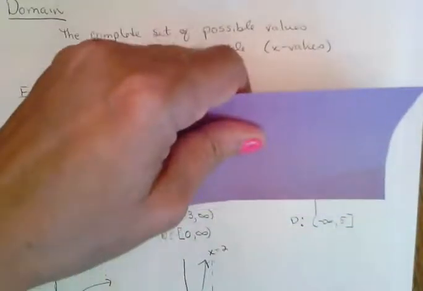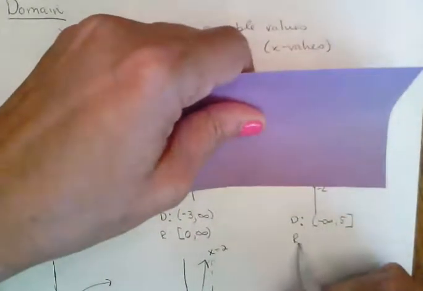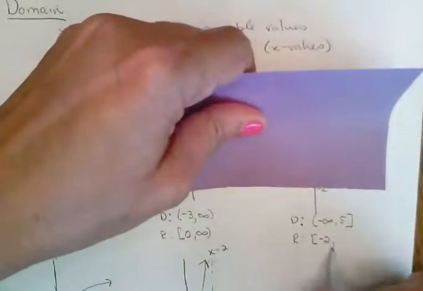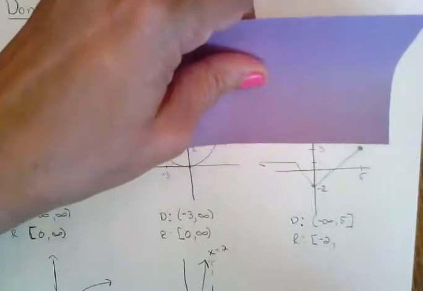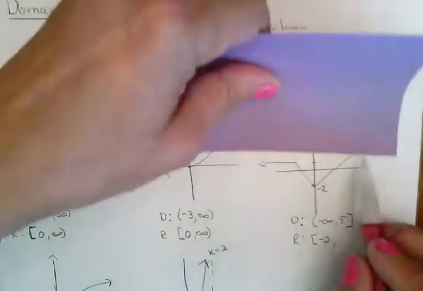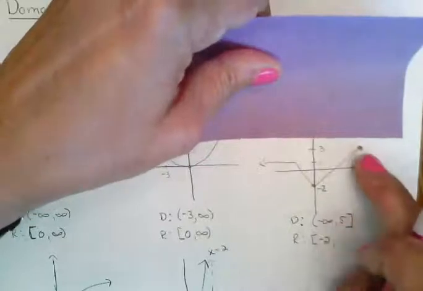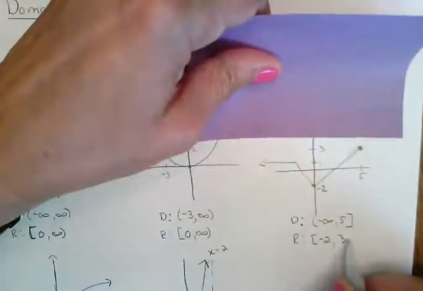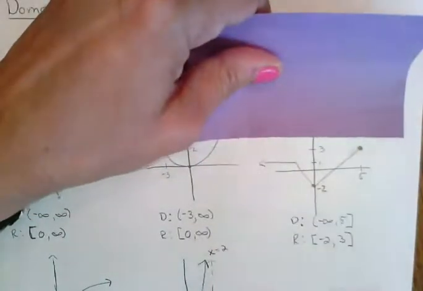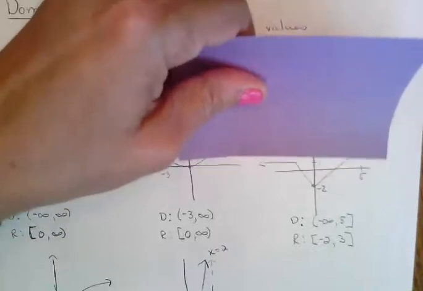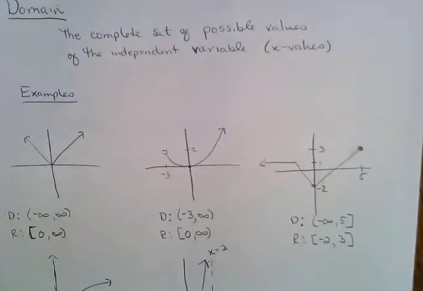With this one, it starts at negative 2, is the lowest point, and it stops, this is the highest point. So as I'm going through, that's the highest point, and that point is at 3, including, so I have to put it in a bracket. So this one goes only y values from negative 2 to 3.